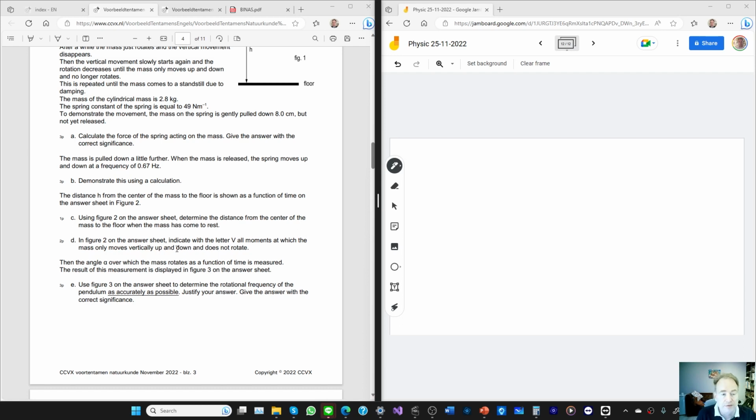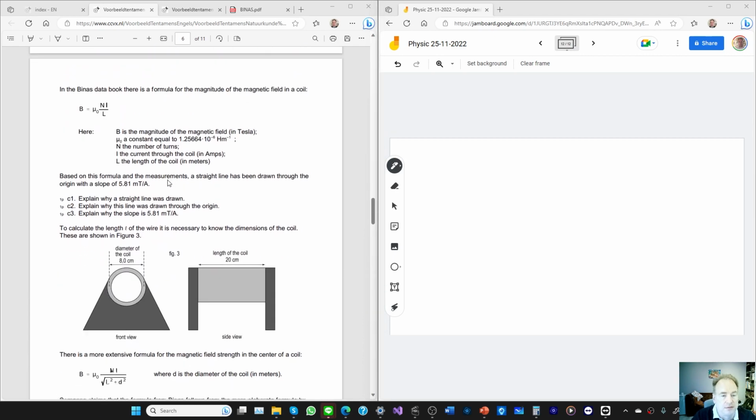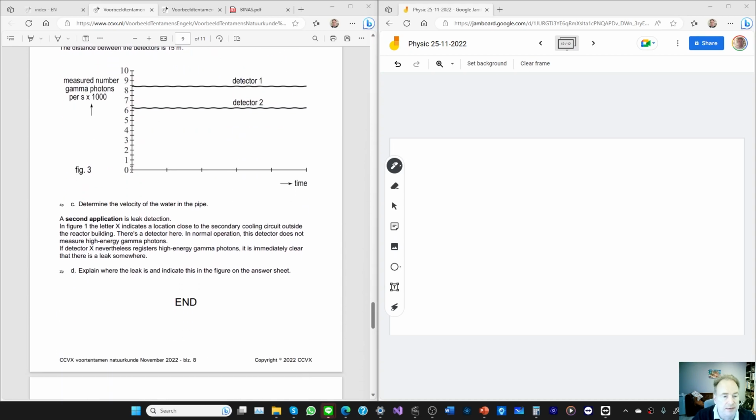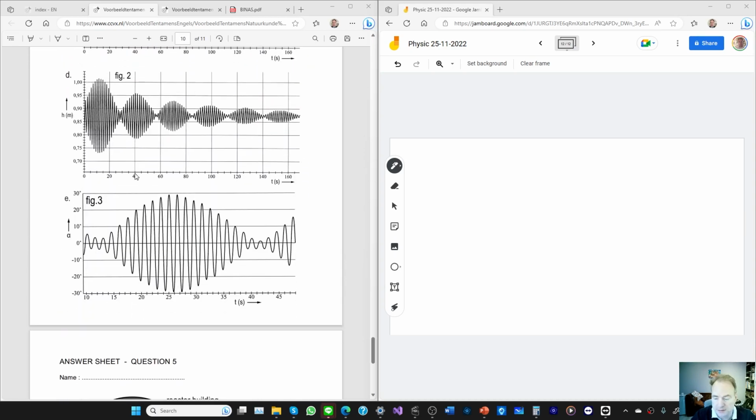Then the angle alpha over which this mass rotates as a function of time is measured. The result of this measurement is displayed in figure 3 on the answer sheet. Use this answer sheet to determine the rotational frequency of the pendulum as accurately as possible. Justify your answer. Give the answer with the correct significance. So let's look at figure 3 here.